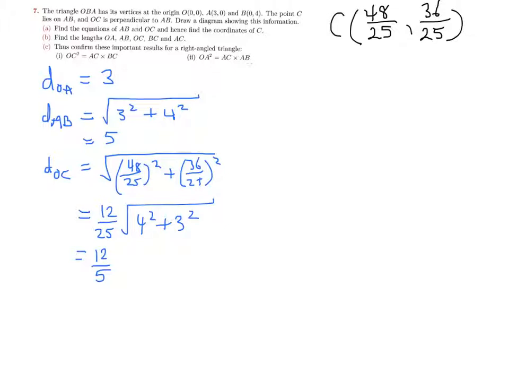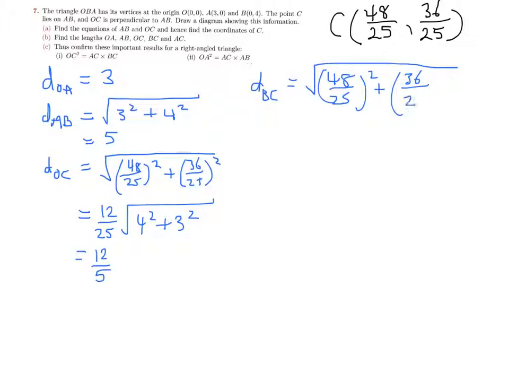Okay. Again, for the distance between B and C, we have to actually use the distance formula this time, so we don't have a nice simple Pythagoras. So we have (48 over 25 minus 0) squared, so that's just (48 over 25) squared, plus (36 over 25 minus 4) squared.